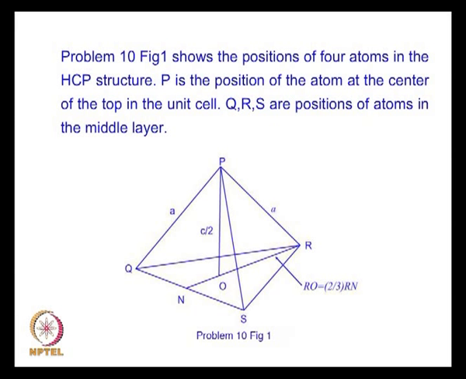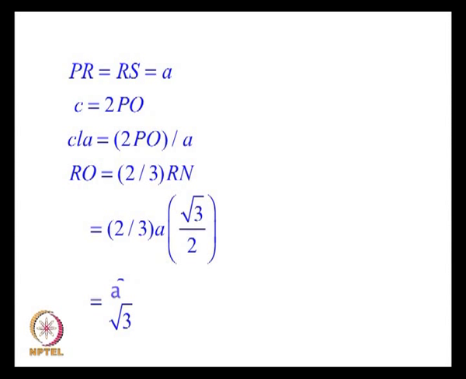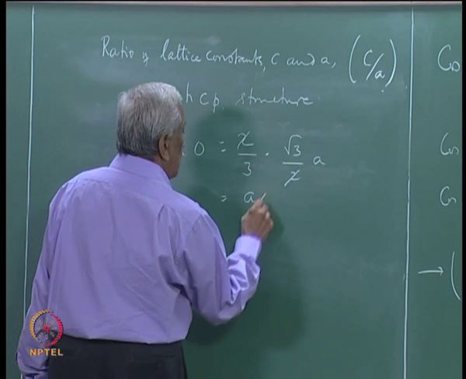So, RN is divided in the ratio 1:2. Therefore, we have RO in the figure as 2/3 of root 3 by 2 A, which is A by root 3.